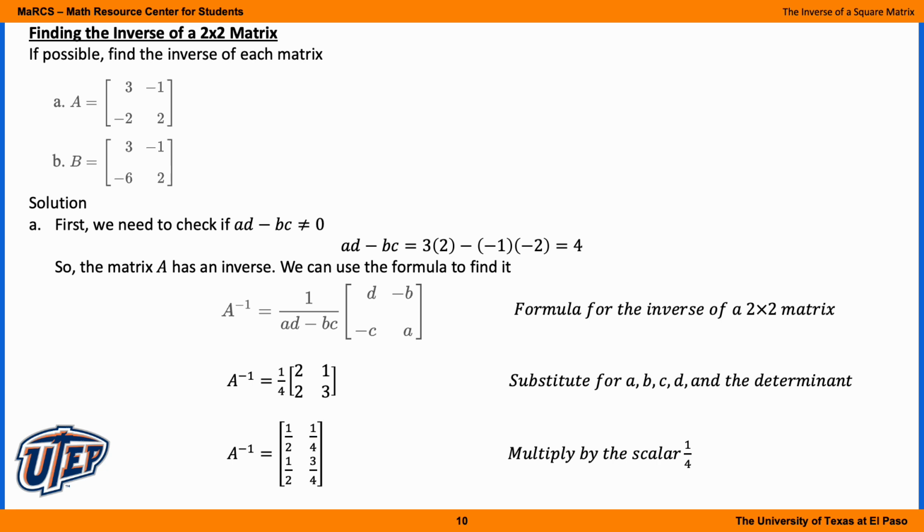So that is non-zero, so that means that we can find the inverse of the matrix. So then we'll use the formula 1 over 4 times the new matrix, so the A and D will be switched, so now instead of 3 we'll have 2 in the A spot, and now the -2 and -1 will now be positive, and instead of the 2 in the D spot, it'll be 3. So now we multiply 1 over 4 times each of those entries, and now we have the inverse.